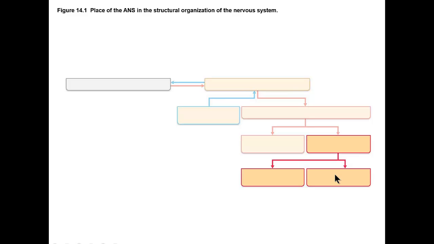Parasympathetic nervous system, rest and digest. So that's where we're resting the body, so heart rate goes down, respiratory rate decreases, pupils constrict, the bladder contracts, so smooth muscle contracts, so bladder contracts, digestive organs contract.